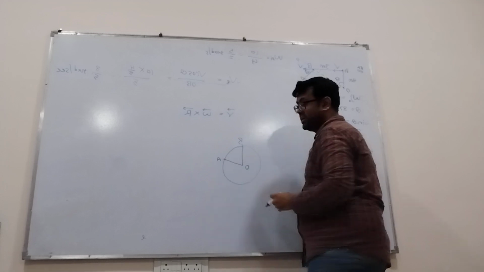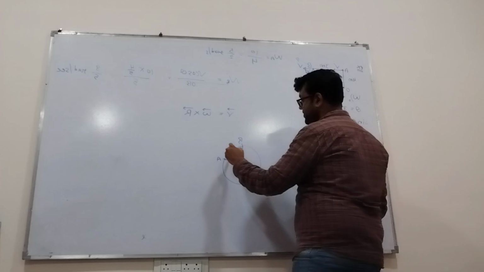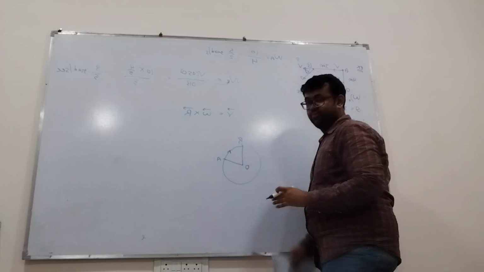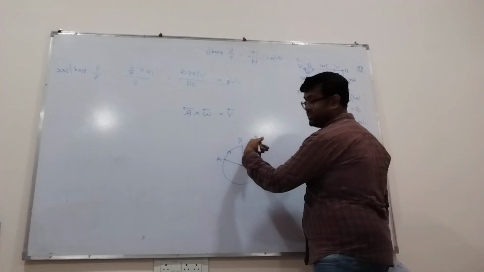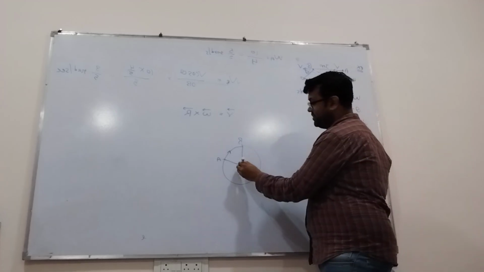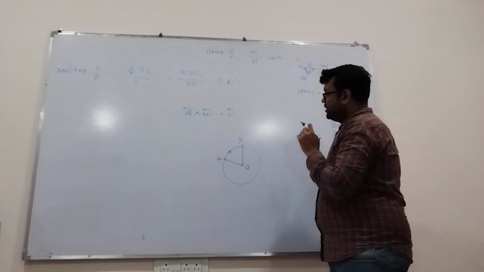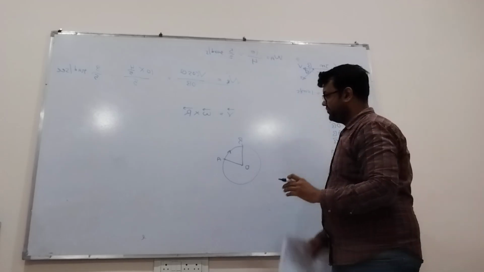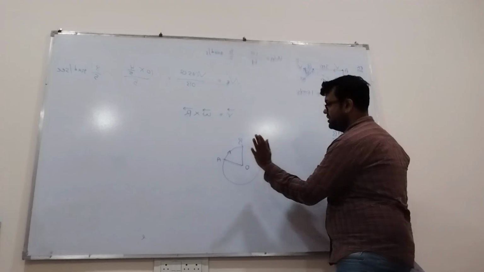now your object is supposed to be at point A, and the object is moving from A to B. So the direction of the motion will be this. So the direction of omega will be perpendicular to this plane. To find out the direction of v, we have to use our palm.